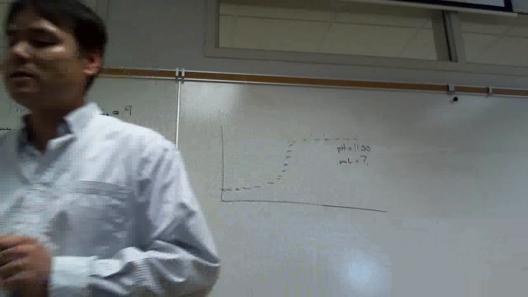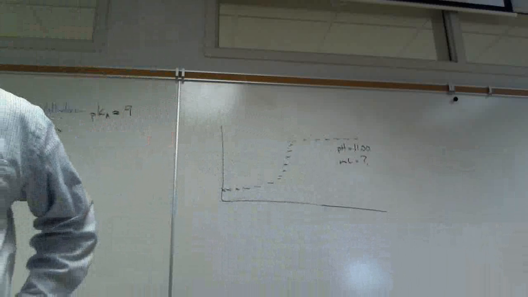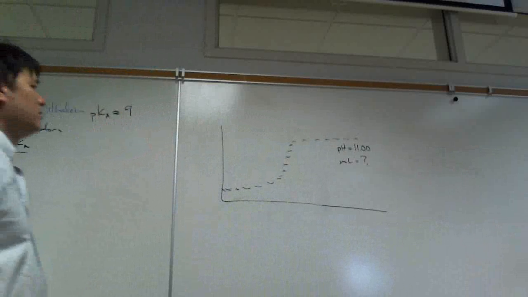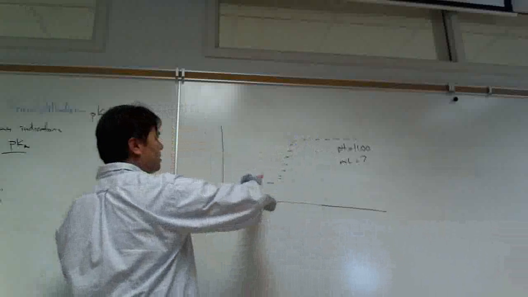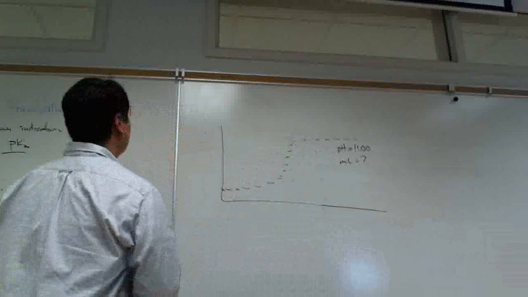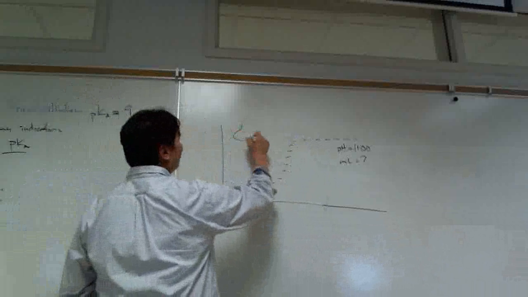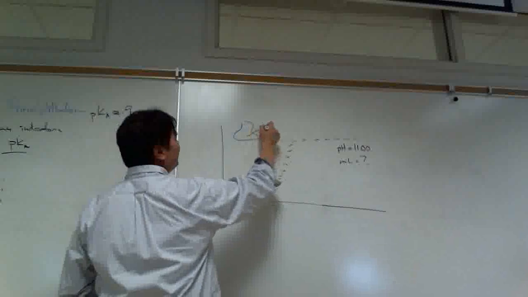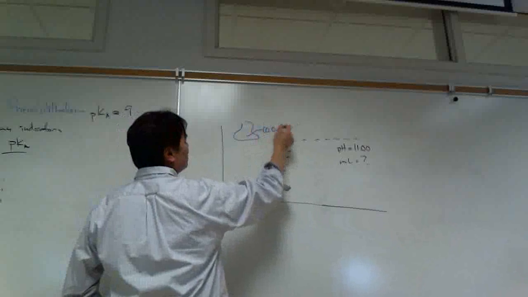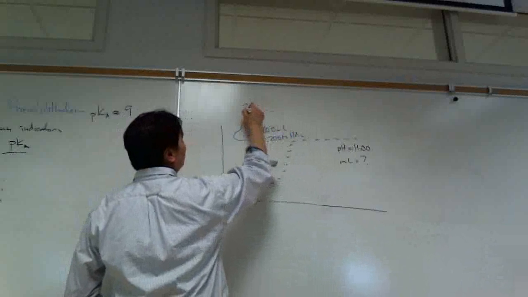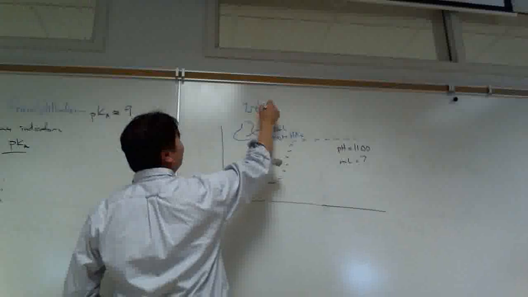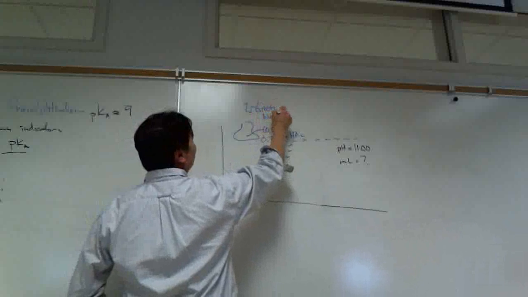Because we don't want to stop at that. We want to keep going so that we see the whole structure of this titration curve, where it rises and then it goes out. And so let's use the previous setup where we have the 0.200. So what did I say? 10.0 mLs of 0.200 molar acetic acid with 0.100 molar sodium hydroxide.